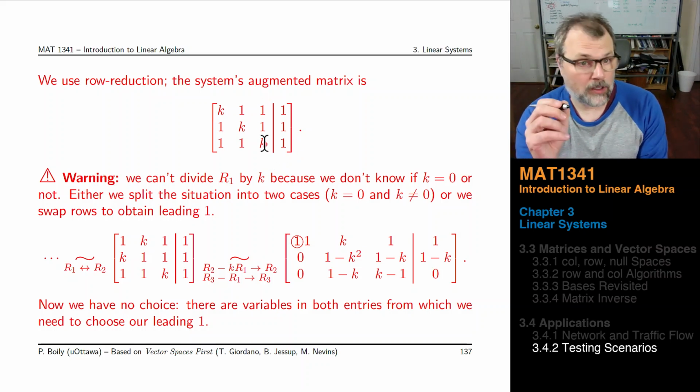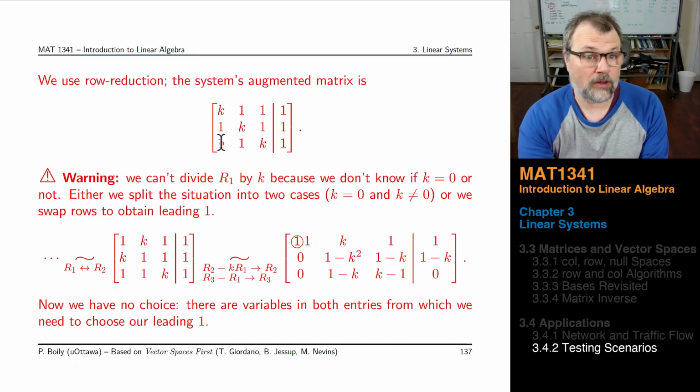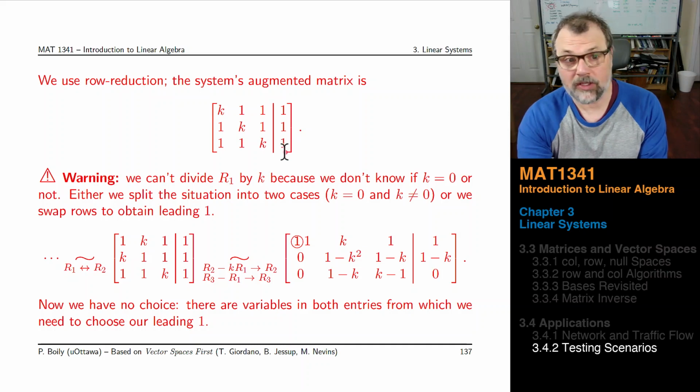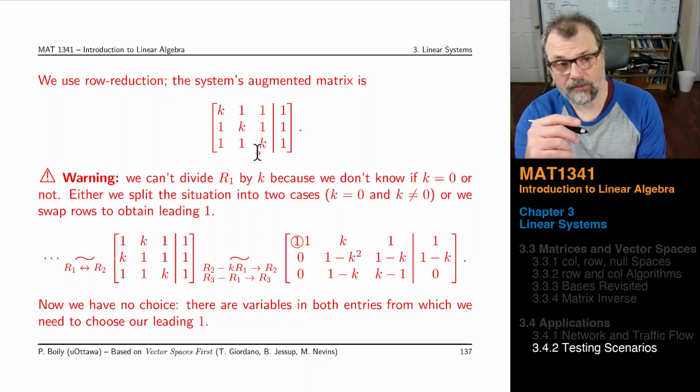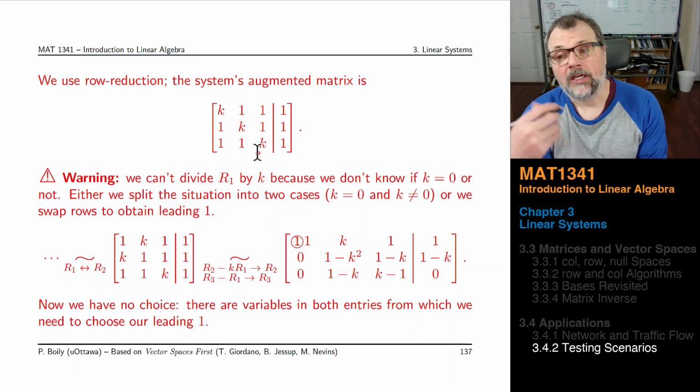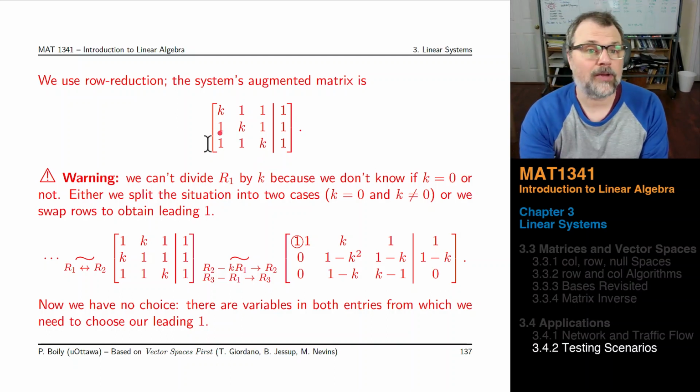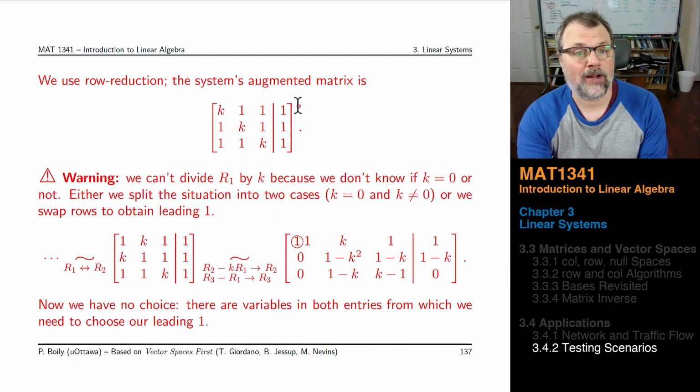If you end up with no solution, you'll have a row of zeros and something which is not zero on the right, at least one of them. So you'll have a degenerate, inconsistent row. And if you end up with infinitely many solutions, the rank of the augmented matrix will be equal to the rank of just the coefficient matrix, and we're expecting this rank to be smaller than 3 in this case.